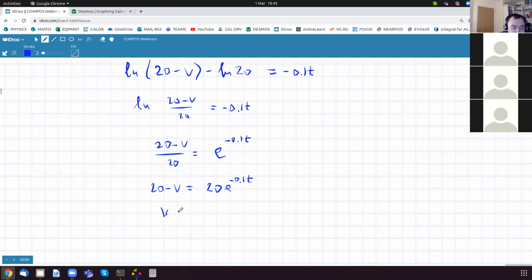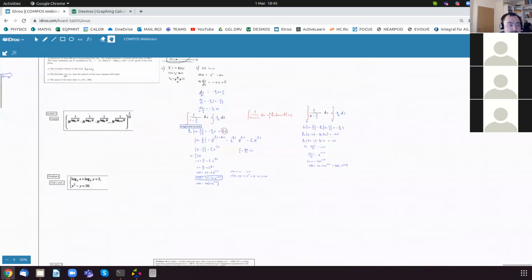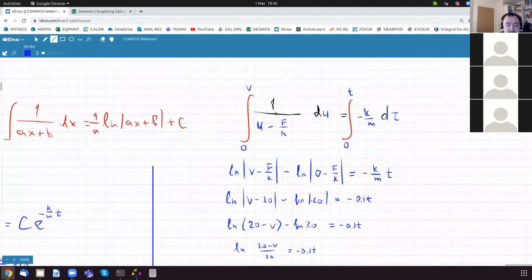V, which is v of t, of course, is 20 minus 20 e to the minus 0.1 t, which is 20 times (1 minus e to the minus 0.1 t). Okay, so I got the same answer, just two different approaches. One without limits and one using integration with limits.